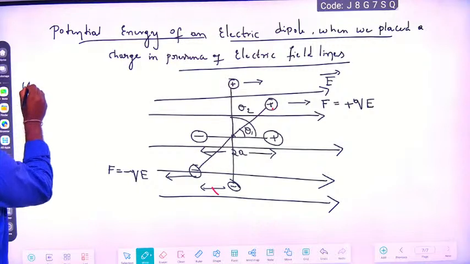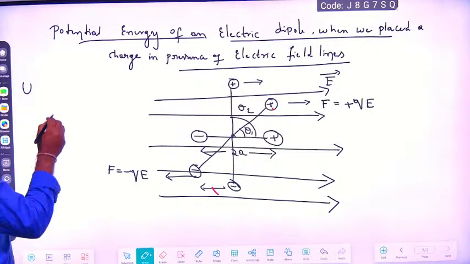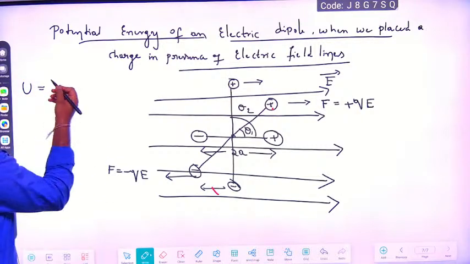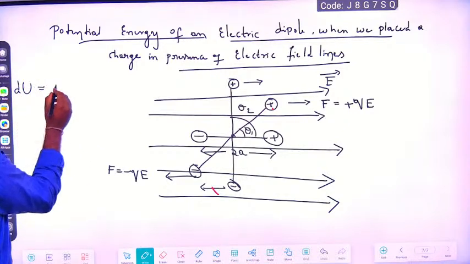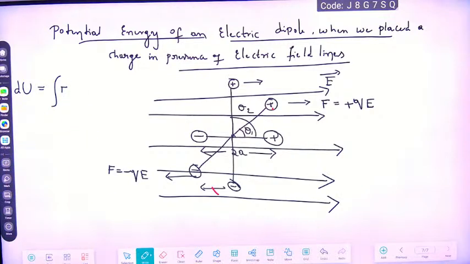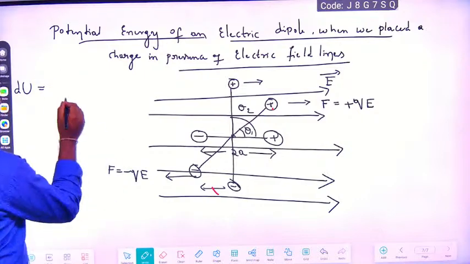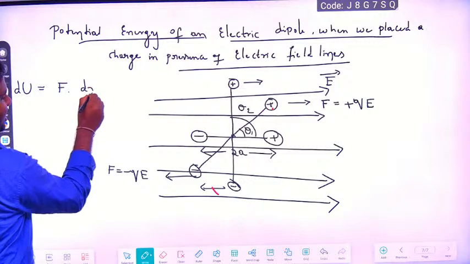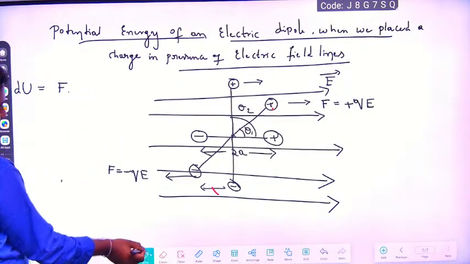Now, what is the potential energy U? U is equal to what? Potential energy means work done only. So dU is equal to work done, which is F vector dot dr. Here it is not dr. What is there here? d theta.